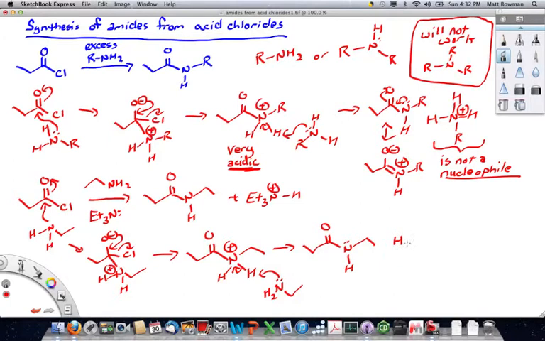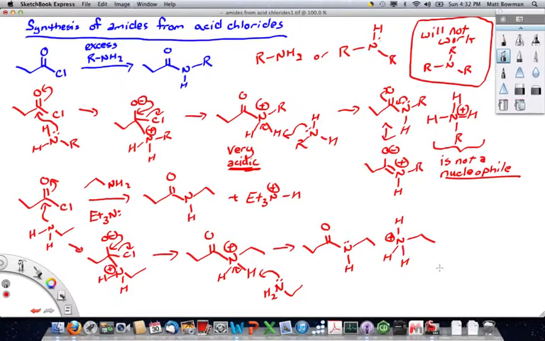what's happened here then is we've blocked off one of the nitrogens that we want to use as a nucleophile later on with the next round.